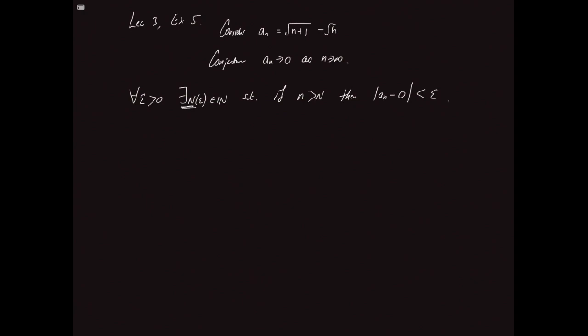Now we want to prove there exists N. So a very nice way to prove an exists statement is to make an explicit construction. So we want to choose capital N of epsilon to be equal to something. But maybe I don't know what that something is.